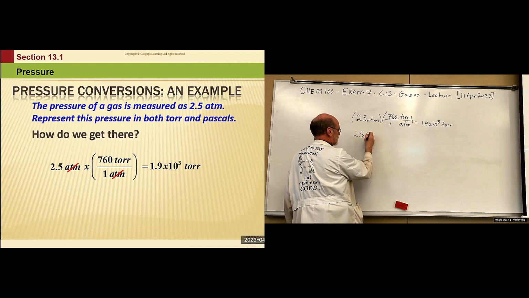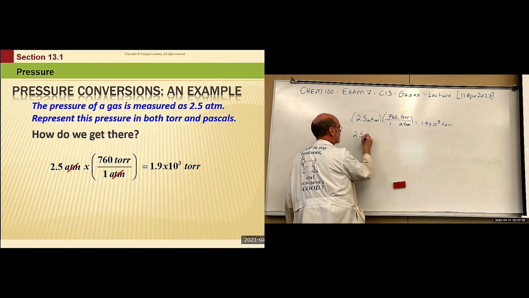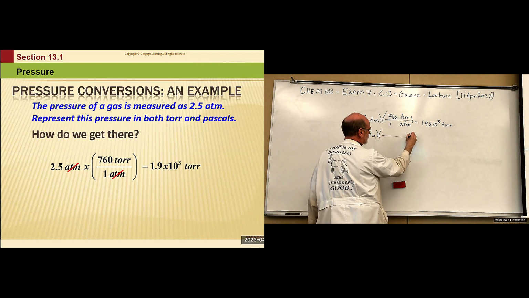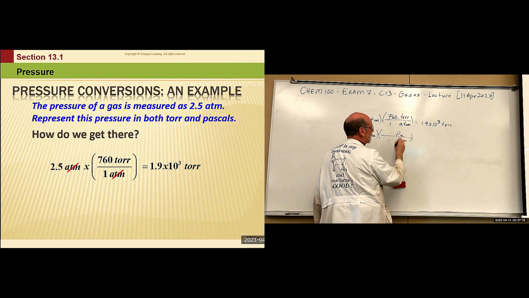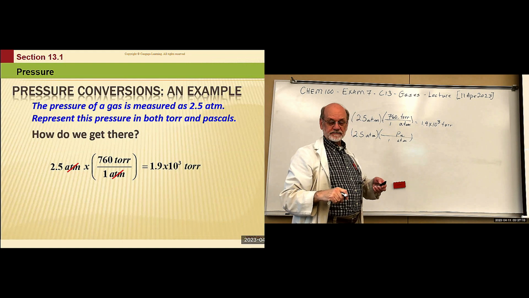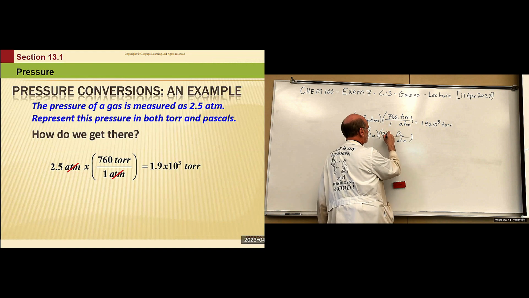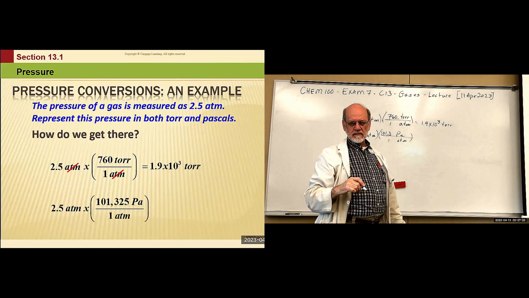2.5 atmospheres, and we want to convert this to pascals. So we still need atmospheres on the bottom, but we need pascals on the top. So remember how many pascals are in an atmosphere? 101,325.